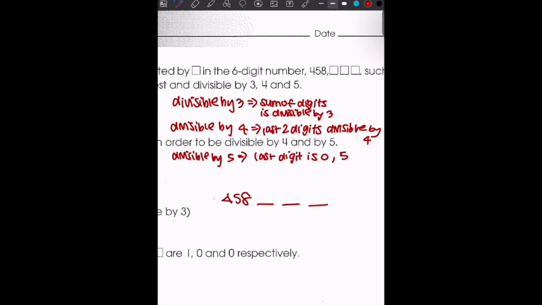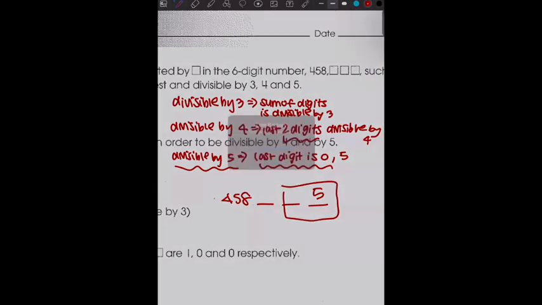But then, since for divisibility by 4, we're going to look at the last two digits, and divisibility by 5 tells us that the last digit has to be either 0 or 5. If the last digit is 5, then we know that when we look at the last two digits, it's never going to be divisible by 4.